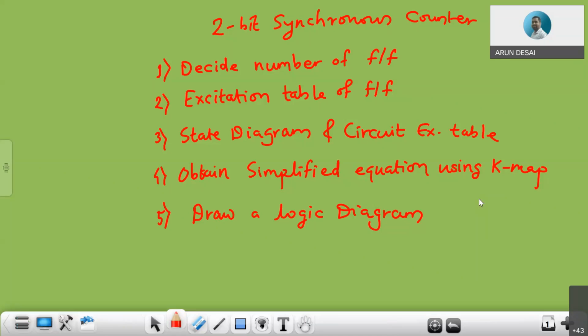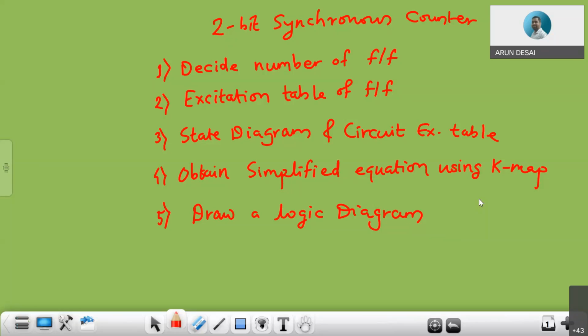Whichever type of flip-flop you use, you must know its excitation table. Then you need to draw a state diagram, and based on the state diagram and excitation table, you are going to draw a circuit excitation table for this circuit. That is your next step.